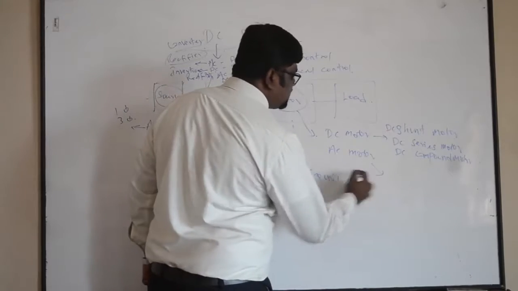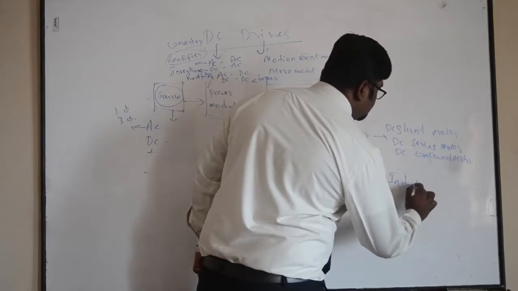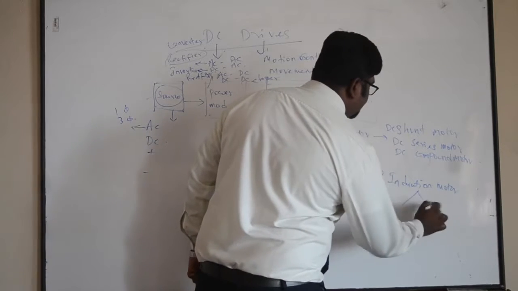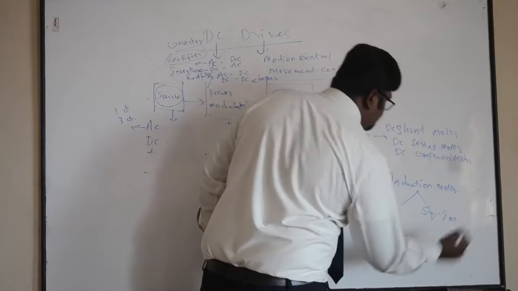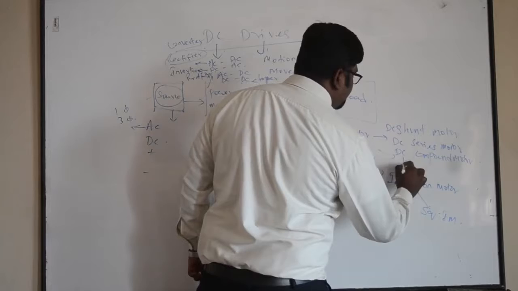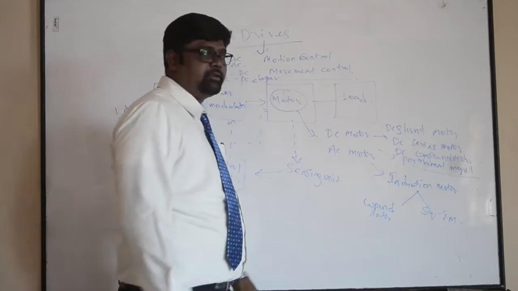Whereas in AC motors, we know the induction motor is the major one. Under induction we use squirrel cage induction motors, or even in some cases in DC we use permanent magnet, which is a special electrical machine motor.